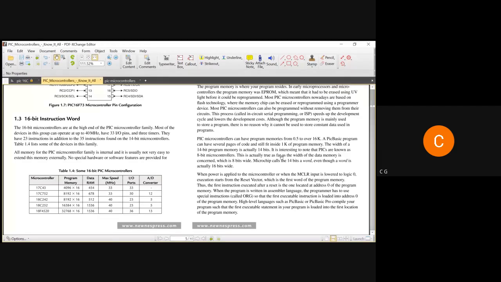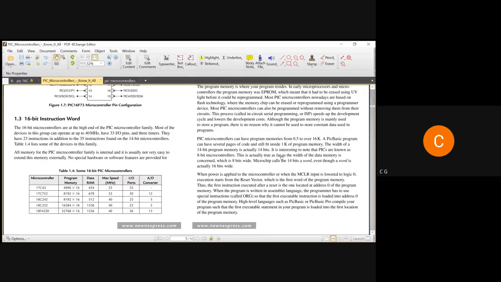But the difference is that this microcontroller processes data of 8 bits only. As I told you earlier, even though microcontrollers or microprocessors are 8-bit or 16-bit, the program memory can be of a different bit width. So this difference we have to understand.